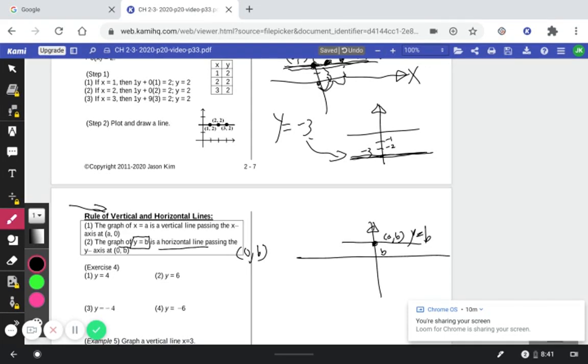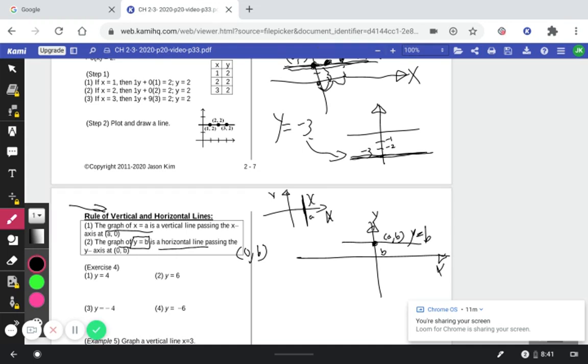Now, contrary to that, when you have x equals a number, x equals 8, that means it's a vertical line. By the way, this is the y-axis and this is the x-axis. And let's say this point is a, and then it becomes a vertical line.